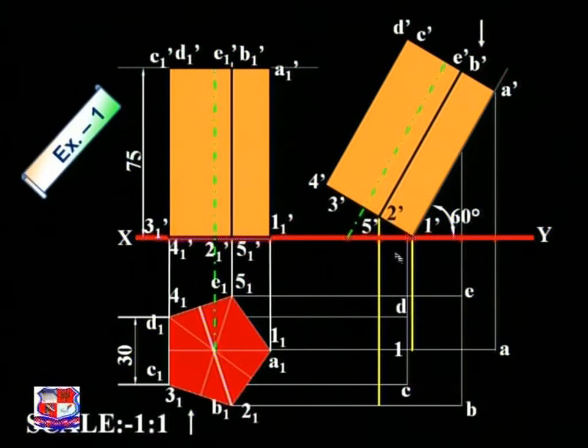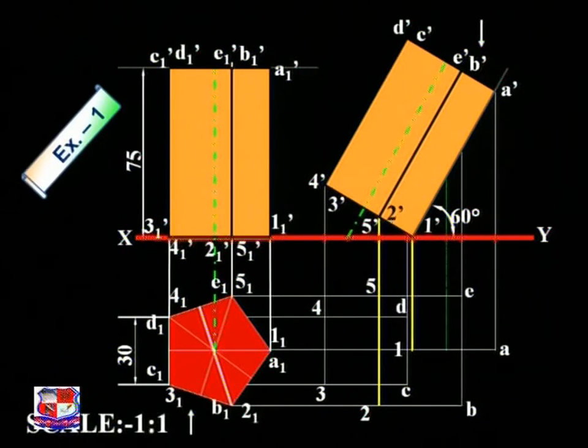Now about this lower face, 1, 2, 3, 4 and 5: vertical line from point 1, horizontal line from point 1, here is the point, vertical line from 2 dash, horizontal line from point 2, here is point 2, point 3, from here to here, here point number 3 would be there, point number 4 would be there, point number 5, horizontal line from 5, vertical line from point 5, here is point number 5. So here the base 1, 2, 3, 4, 5 is not visible to us, hence we have to join all these points with a dotted line.